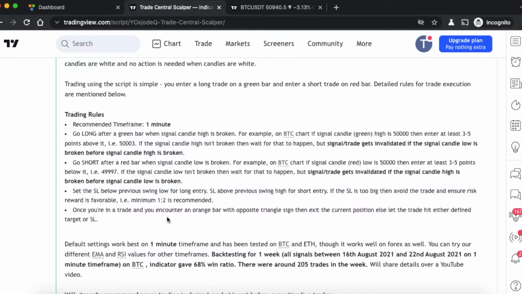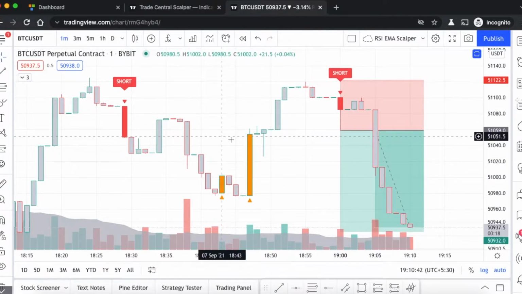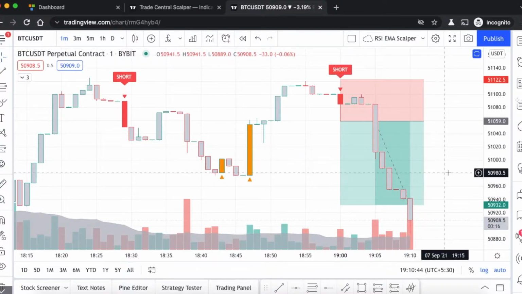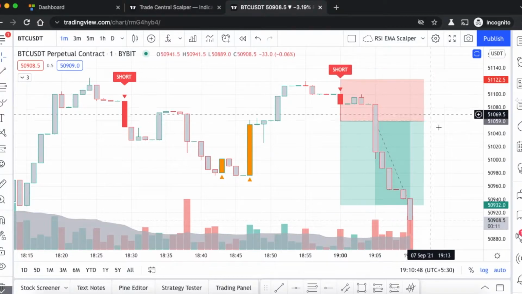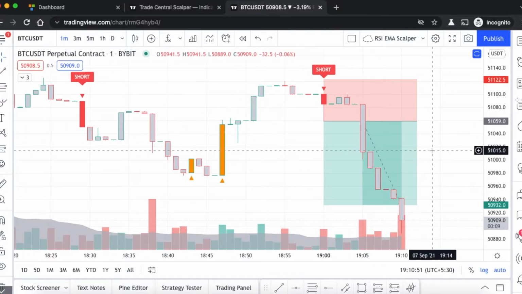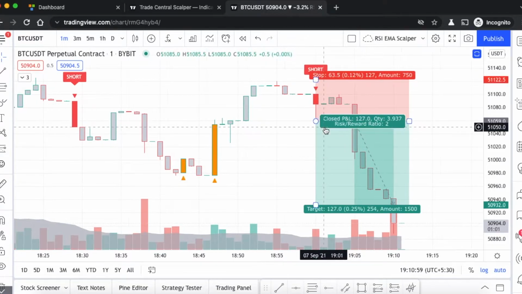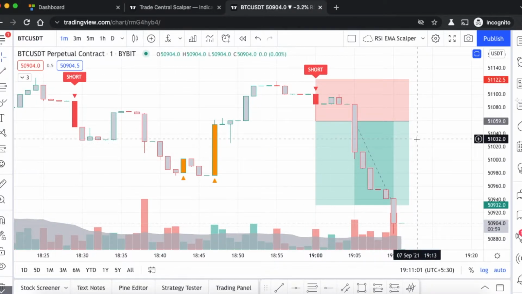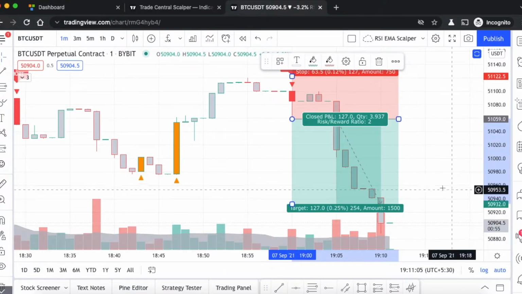In this short candle case, if the low is not broken, but the high is broken before the low gets broken, that signal gets invalidated. For example, this high is around 51,000. So if the price breaks 51,000 before it breaks the low, then you don't take the signal. As you can see, this trade has already worked in our favor.